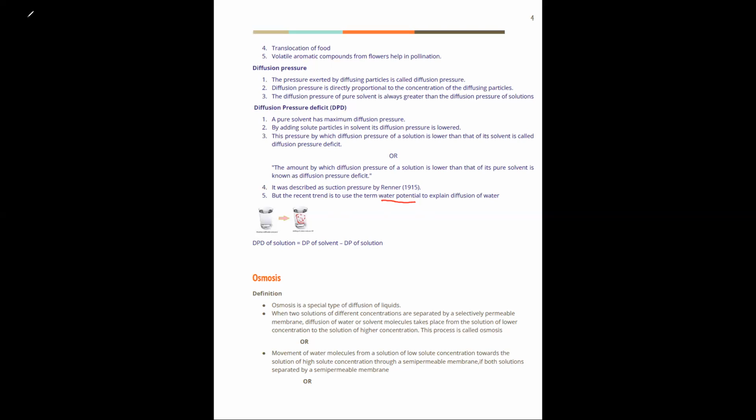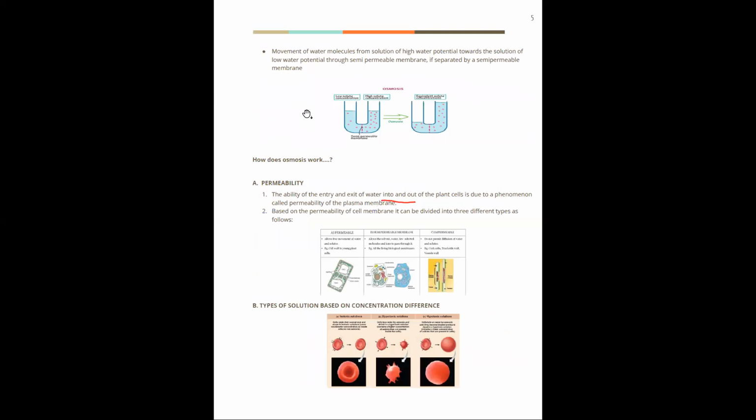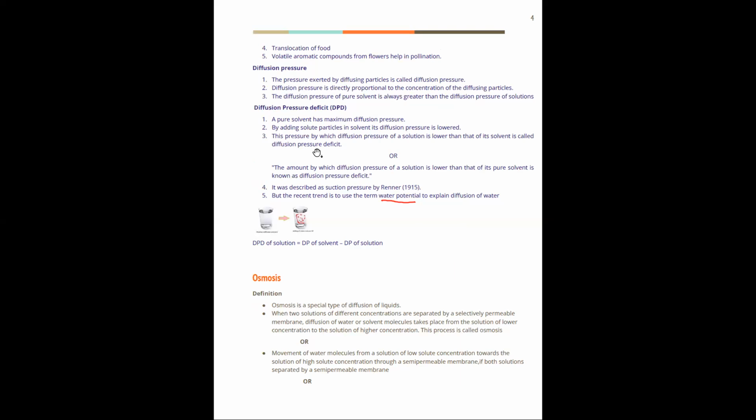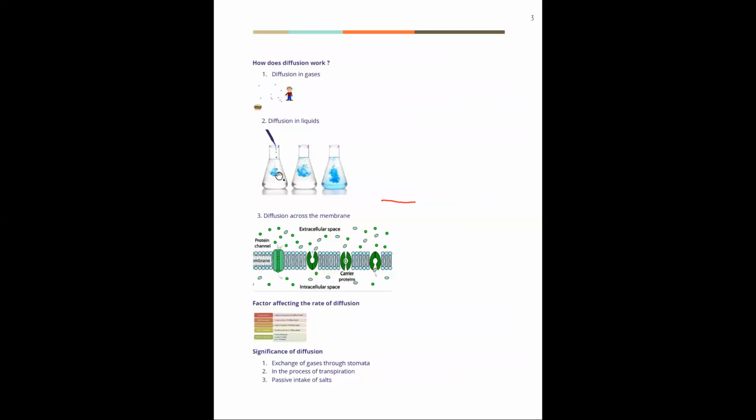Okay, so now we will see some uses of diffusion in our biological system. One use of this diffusion is the translocation of food. So there are a few significances being given over here.